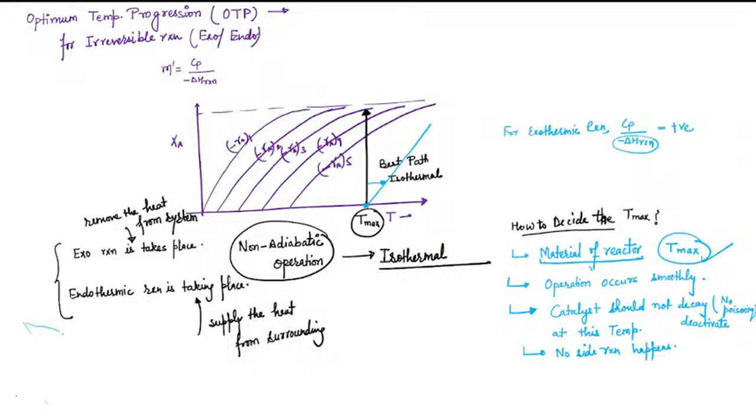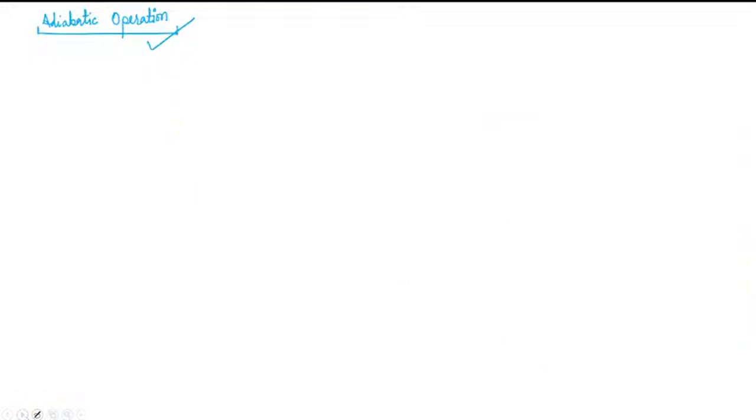Try to understand in this case. If we want to operate the reactor in non-adiabatic operation, there is no problem. Then remove the heat or add heat accordingly. But in adiabatic operation, heat will liberate. So to remove the excess heat, what do you have to do?